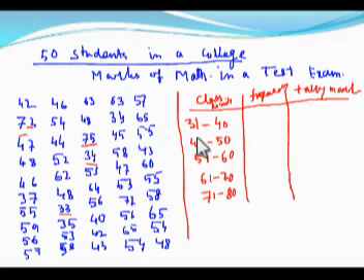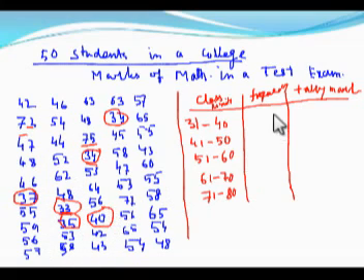So frequency between 31 to 40: we are getting 34, 33, 35, 37, and 40.